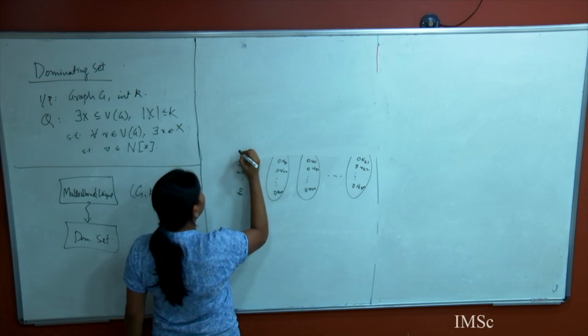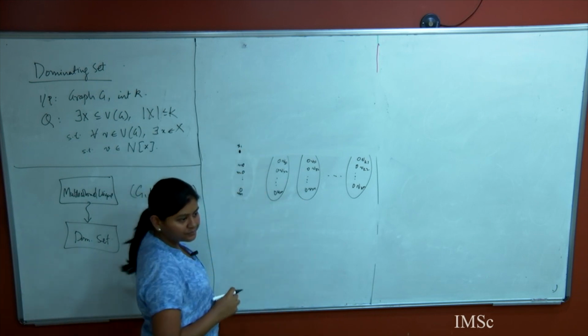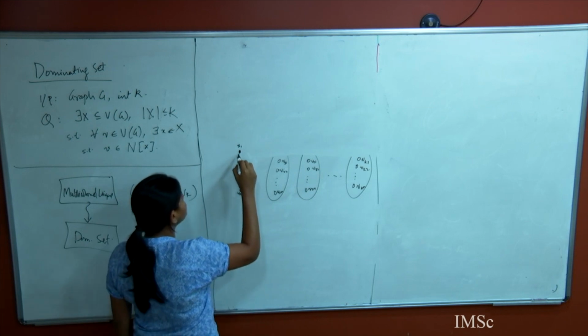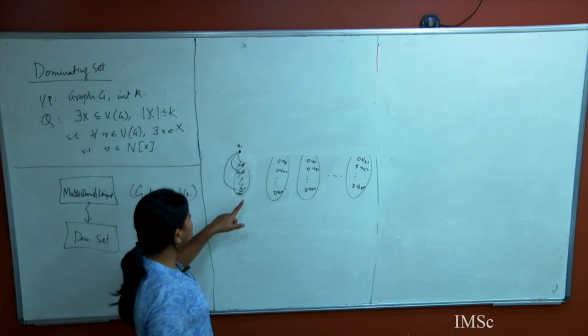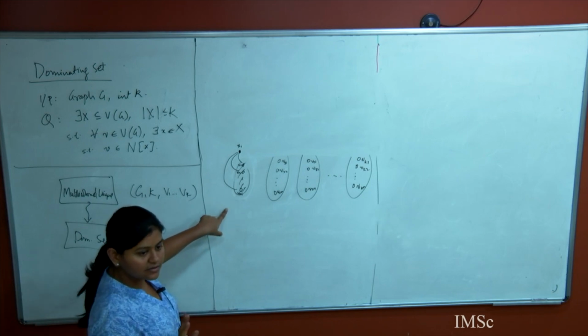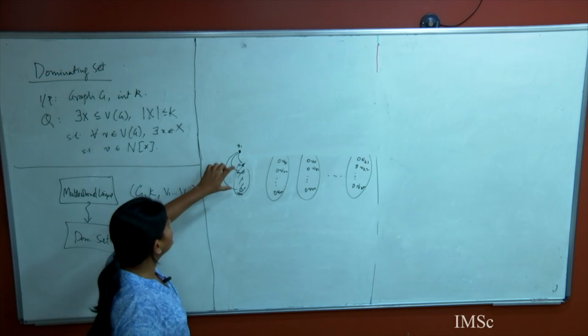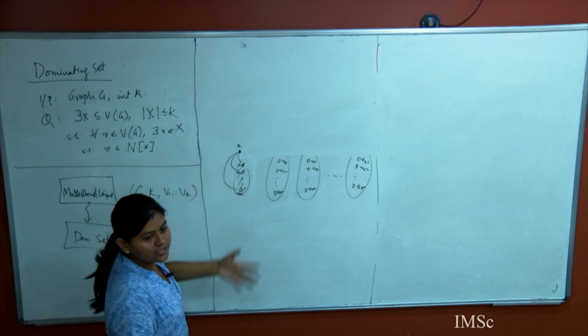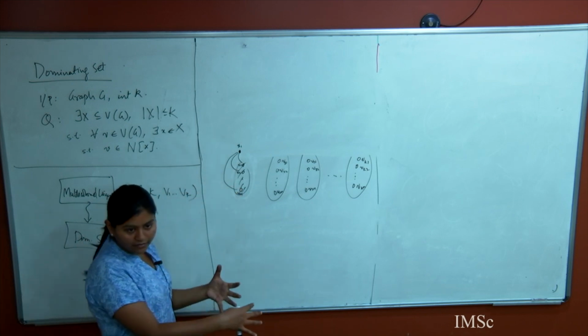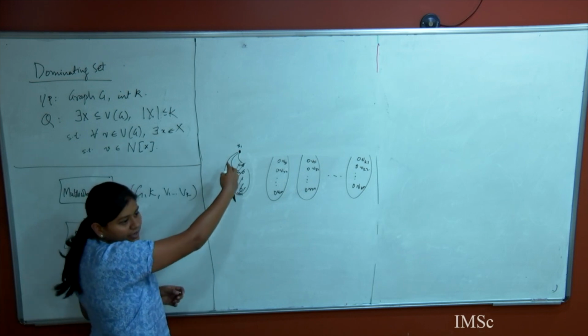Suppose I add one additional vertex, say x, and make it adjacent to everybody here, and this is a clique. We'll see why making this a clique is useful: if we pick anybody from here, all these vertices will be dominated. So in one go we dominate everybody here.